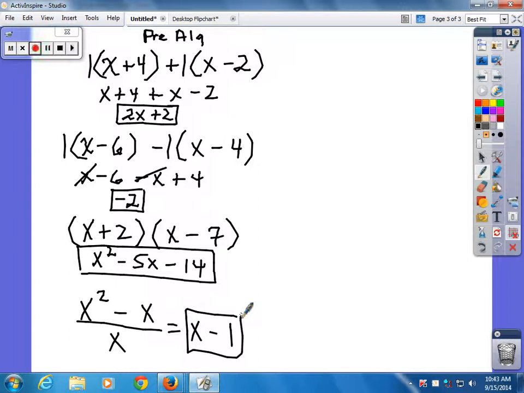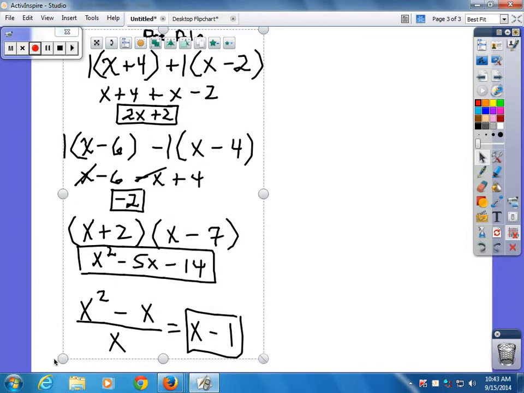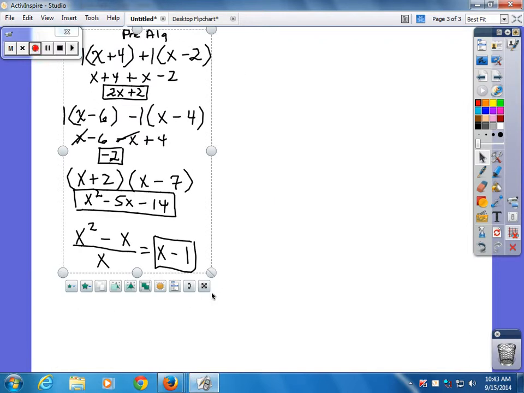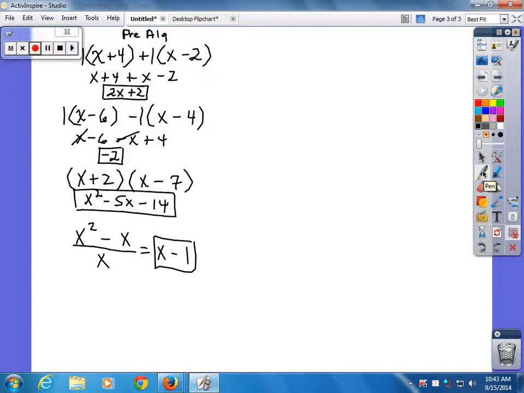But that's when you were a redneck. Can't be a redneck no more. You gotta be civilized. You got to hold your pinky up and write it down. f of x is equal to x plus 4, and g of x is equal to x minus 2.